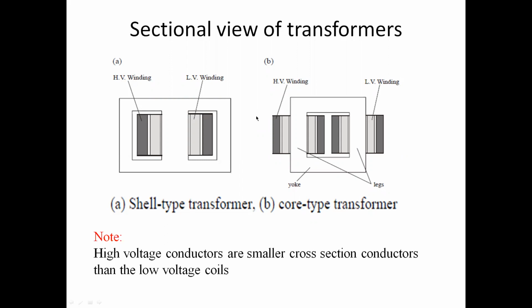Same here: if the high voltage coil is close to the core, then there is a high voltage gradient or electrostatic force. Get my point? This is the reason that's why we put HV after LV. Okay? Got it?